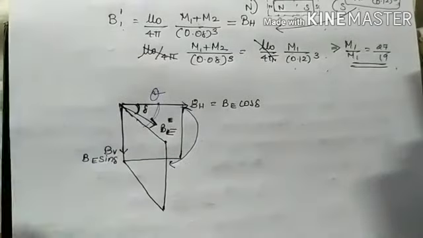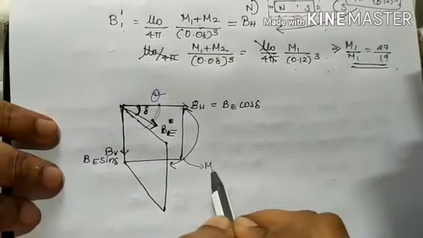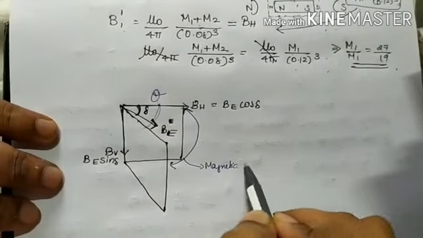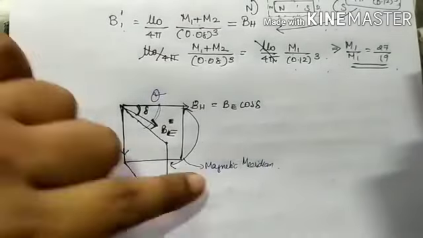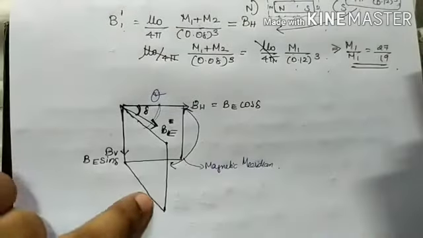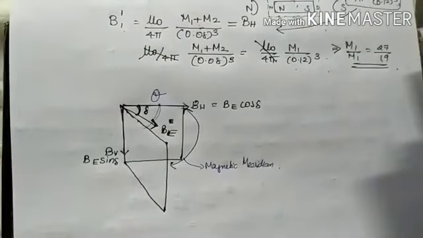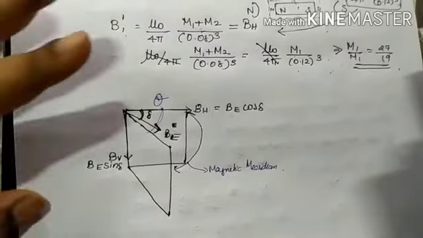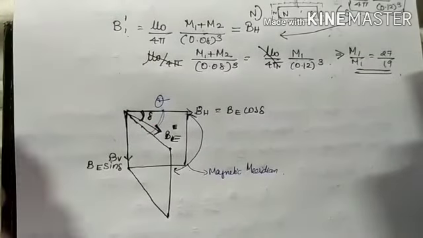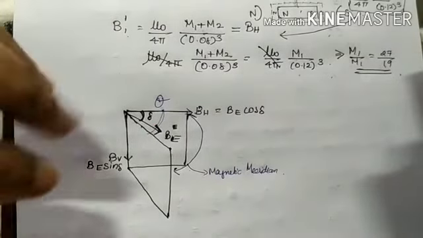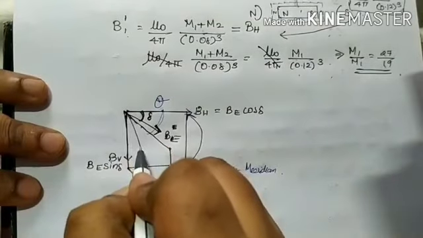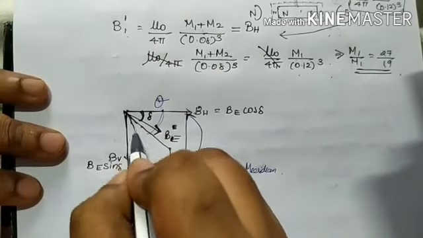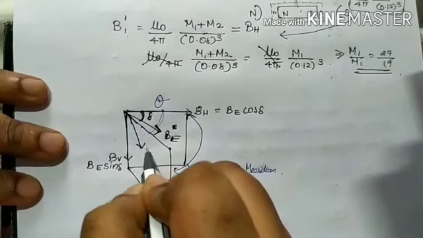So what happens in any plane you keep other than the magnetic meridian, any plane you're considering and you're going to keep a needle over it, that needle will indicate the net magnetic field direction, but in that plane.